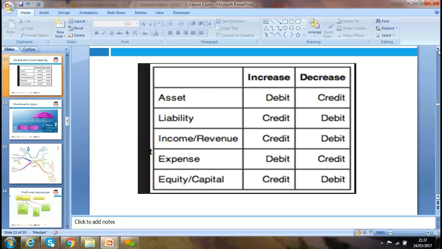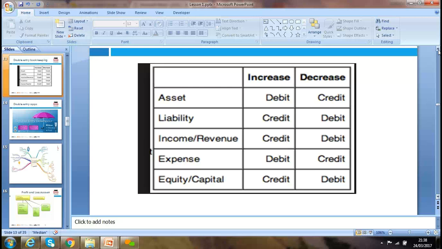So assets normally have two types. One is called fixed asset, which we also call non-current asset. Second, we call current asset. Fixed asset means the asset which we use for more than 1 year, like land, equipment. Anything we can use for more than 1 year, we call non-current or fixed asset.